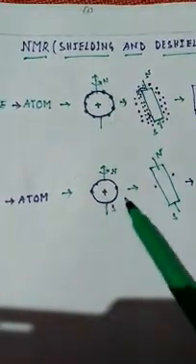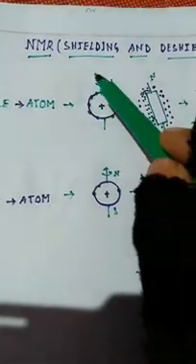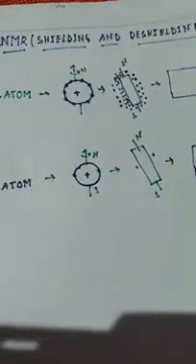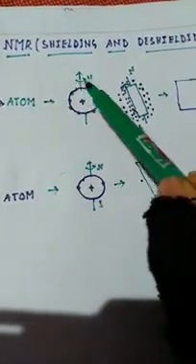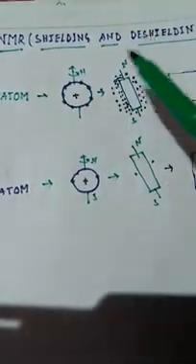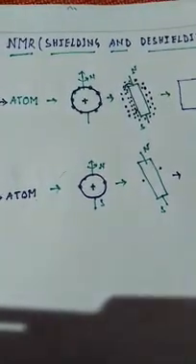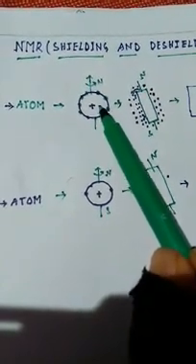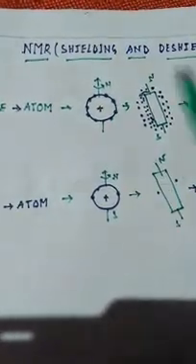As we know, this nucleus, this positive charge, rotates on its own axis. So, students, you know that when a charged particle rotates in its own direction, it behaves like a magnet, and when it behaves like a magnet, it generates a magnetic field.